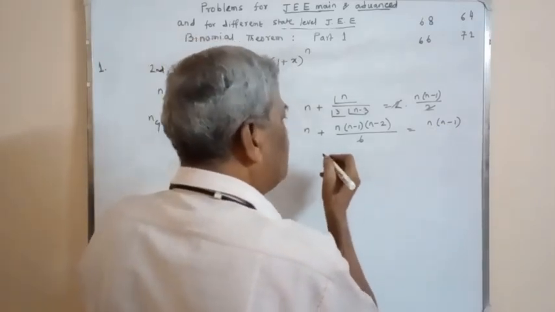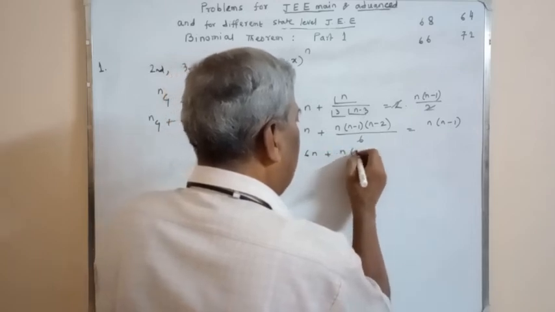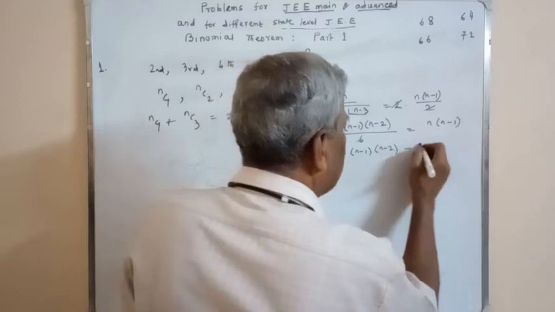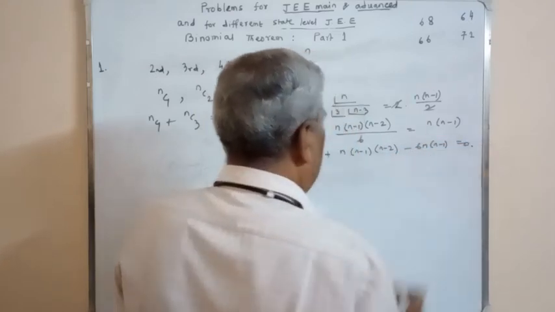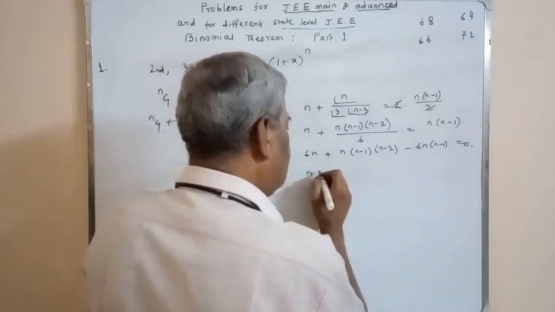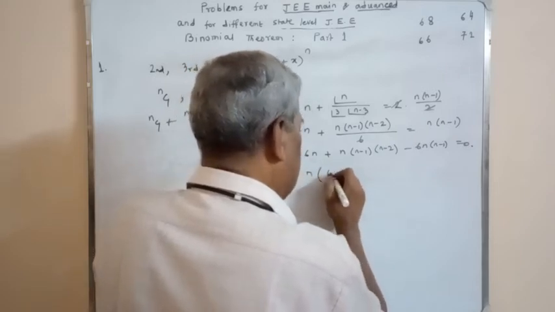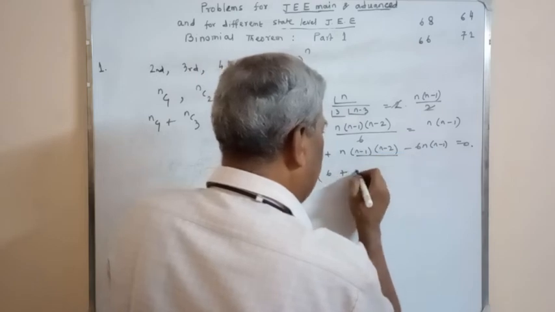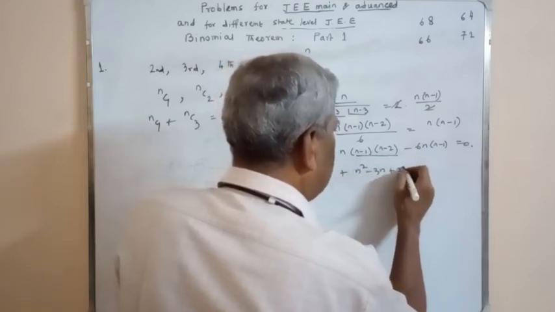So 6n plus n minus 1 into n minus 2 minus 6n into n minus 1 is equal to 0. Taking n common, we have 6 plus these two factors, that is n square minus 3n plus 2.